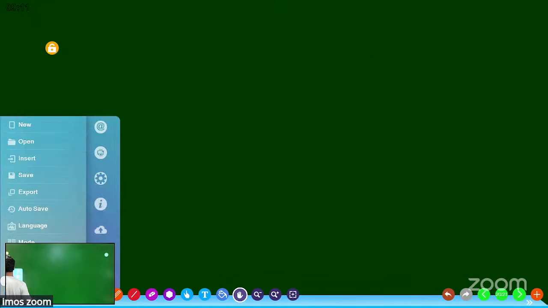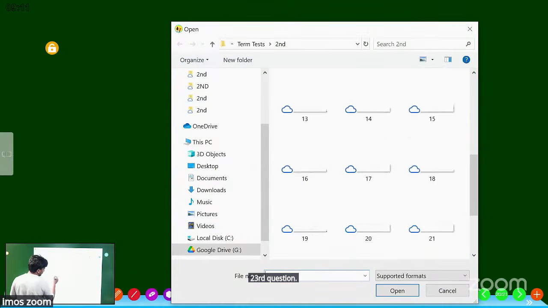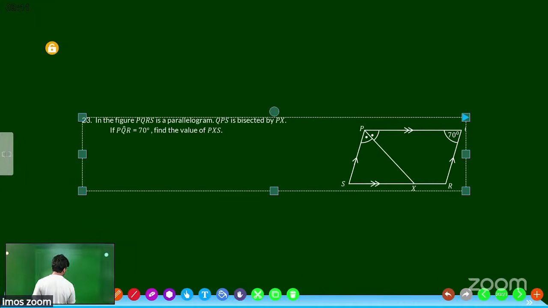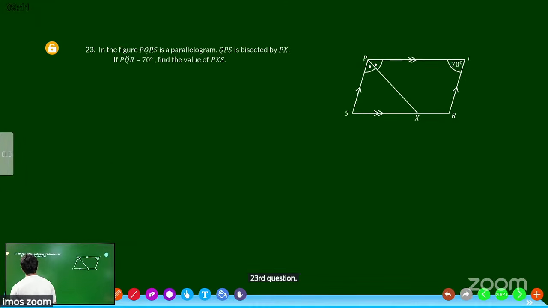Third question. In this figure, PQRS is a parallelogram. The angle QPS is bisected.